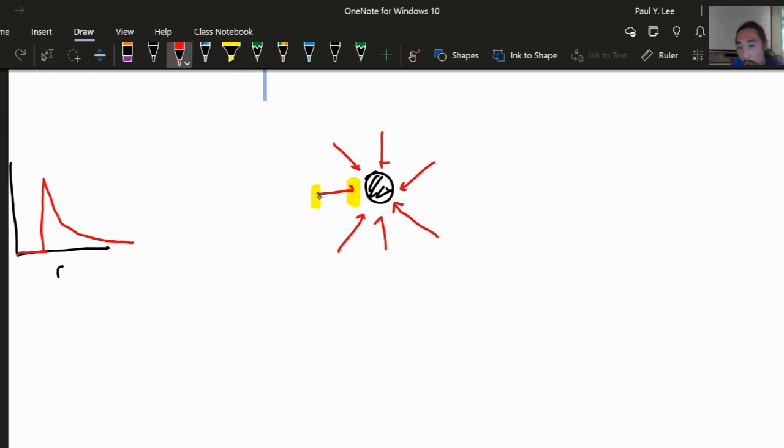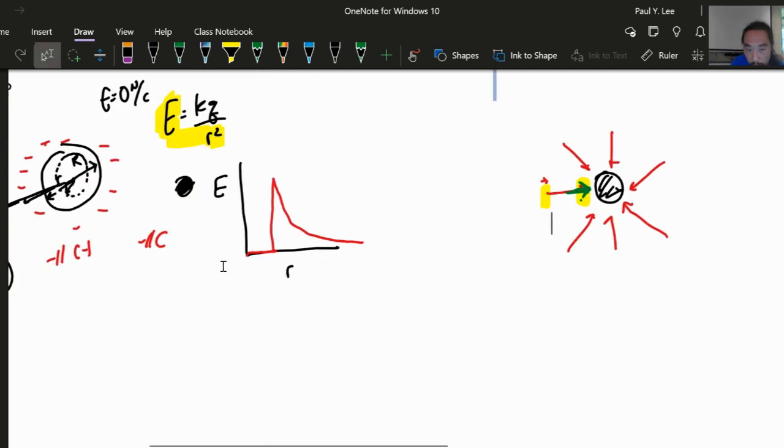So if I were to draw the E field of this furthest point, I would draw it pretty tiny. But let's say I were to draw the E field closer to the charge itself. I'll do this in a different color, right? I would draw it like this, nice and big, a lot bigger than that tiny E field I drew before. Okay, so we have that inverse proportionality.